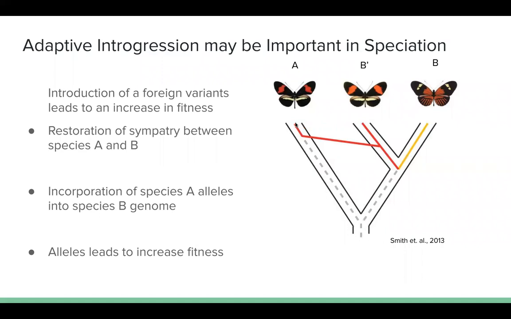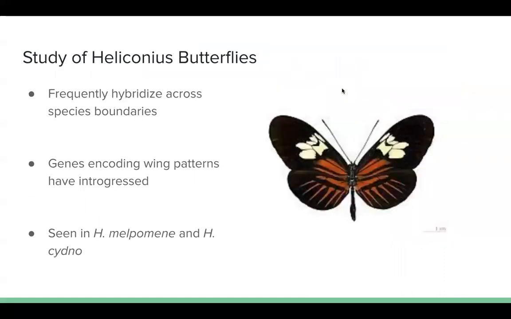Then over time, there's a restoration of symmetry and they were able to reproduce and create hybrids. And introgression occurred and there was an incorporation of species A alleles into the genome of species B. And these alleles led to an increase of fitness. And so species B diverged into a new species, species B prime, and this is speciation.